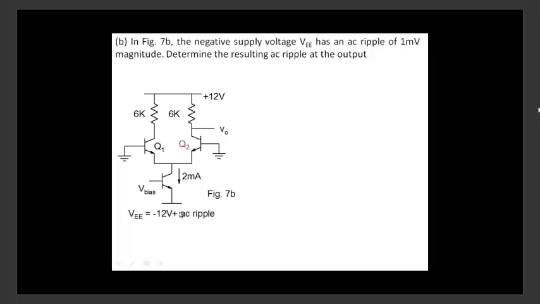Any ripple here is rejected and very little appears over here. Okay. So now note that I have an AC ripple, and the magnitude is given here as 1 millivolt. The frequency is not given, so it's not important here. So I have a 1 millivolt ripple here.